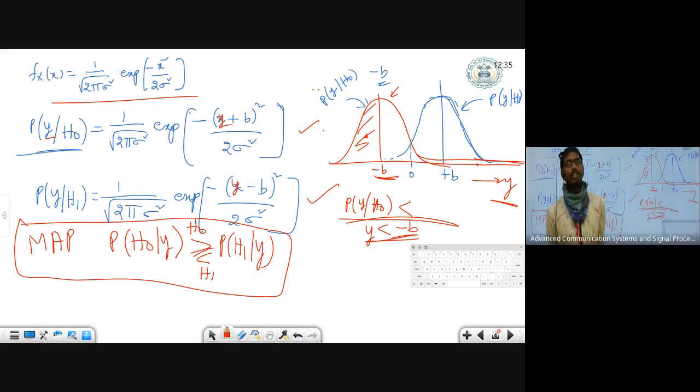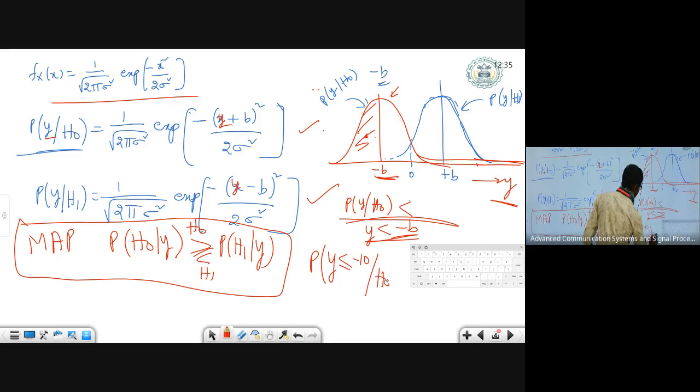So I would like to find out the probability that y will take the values less than minus 10. As per his words, because it is exactly at the center, we'll be getting the probability 0.5. So the probability of y having the values less than or equal to minus 10 when h naught has occurred is equal to 0.5.